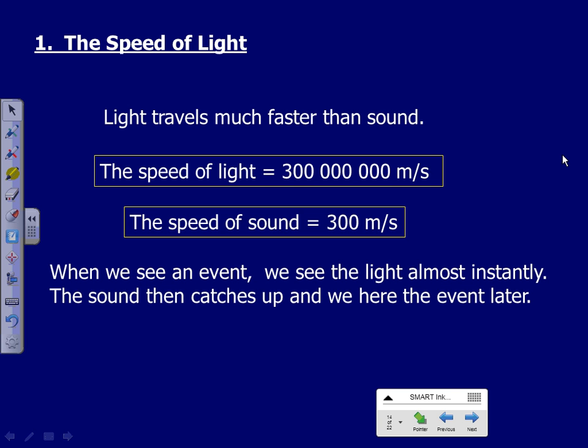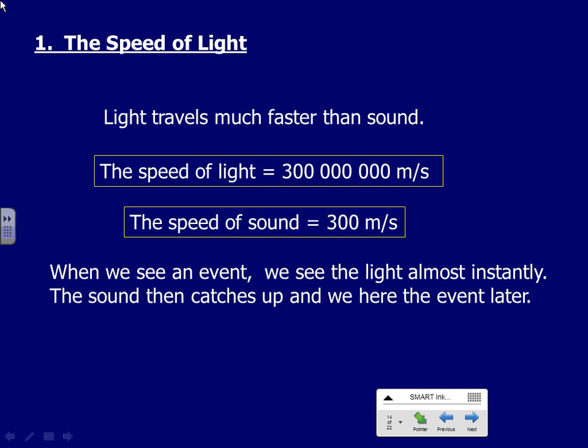The speed of light. So it travels fast and it travels in straight lines. We're going to cover these two ideas in two separate little pieces here. And these are approximate numbers. The speed of light is actually something like 2.998 something.